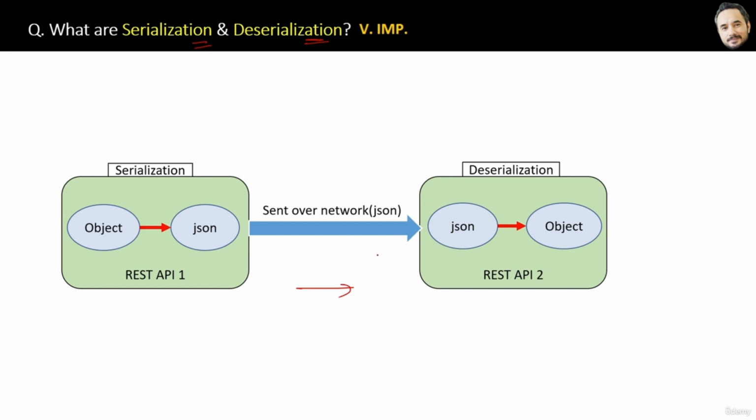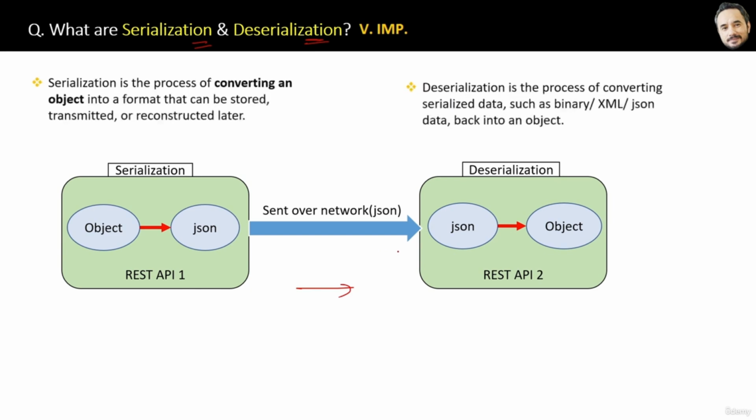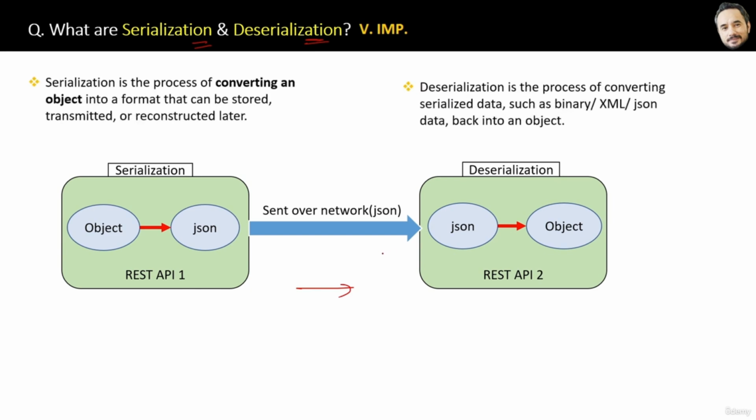Easy to understand actually. And then we send it. Great, that is the answer to this question. And these are the simplest and easy to remember definitions of serialization and deserialization, which can help you in the revision from the book later.